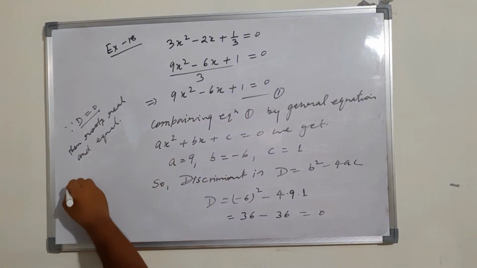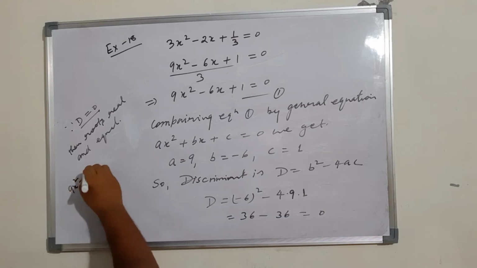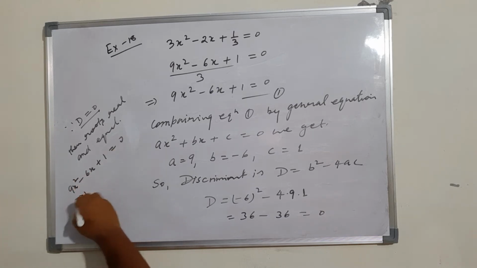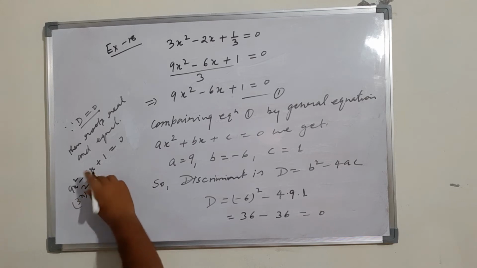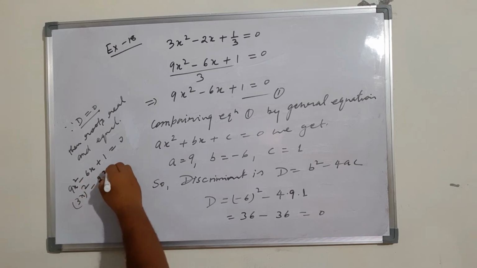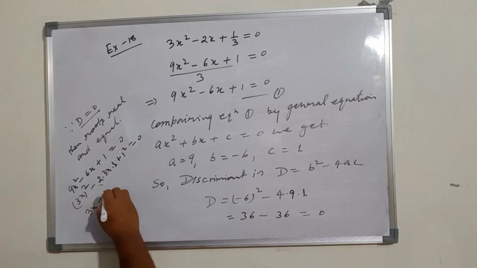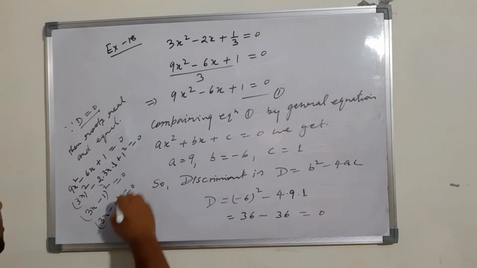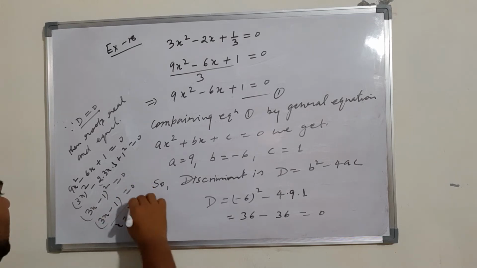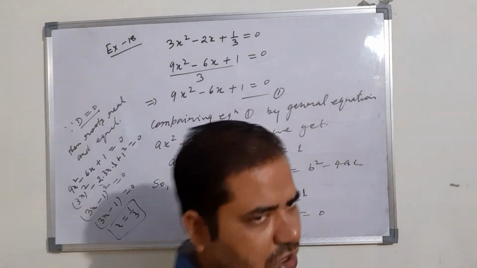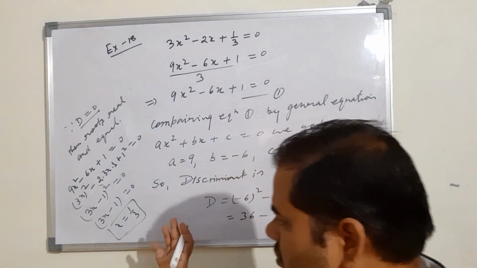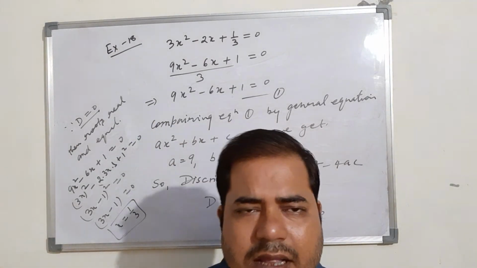You will get 9x square minus 6x plus 1 is equal to 0. You can write it as 3x whole square minus 2 into 3x into 1 plus 1 square is equal to 0. So 3x minus 1 whole square is equal to 0. So 3x minus 1 is equal to 0, x is equal to 1 by 3. Since both the roots are equal, both roots are 1 by 3, 1 by 3.